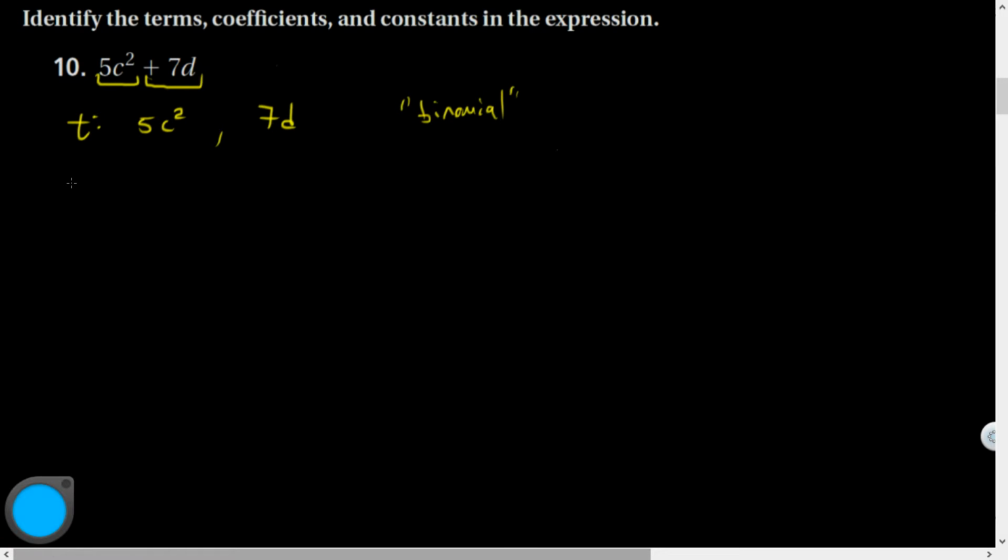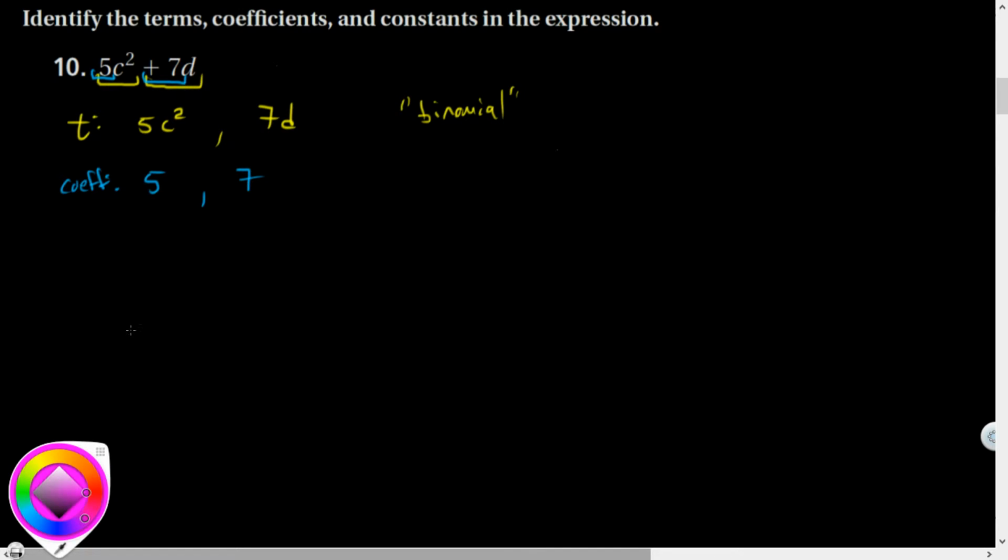As far as the coefficients, that's going to be the number in front of any of the variables, the number being multiplied by those variables. So the coefficients are 5 and 7. The coefficient of my squared term is 5. The coefficient of my linear term is 7.